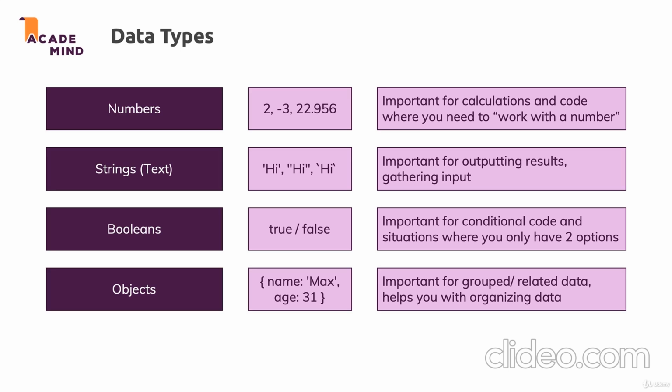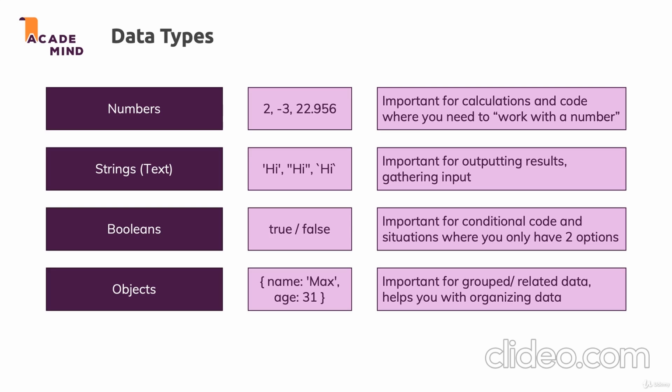Of course, you could have standalone separated variables for that, but having an object makes it much easier to understand that this data belongs together, that it's related, that you use it as one piece of information, if you will. And therefore, objects are really powerful. You can also do way more with them than just group data, and we will do way more with them throughout the course. But the data grouping functionality on its own is already pretty amazing and very important.